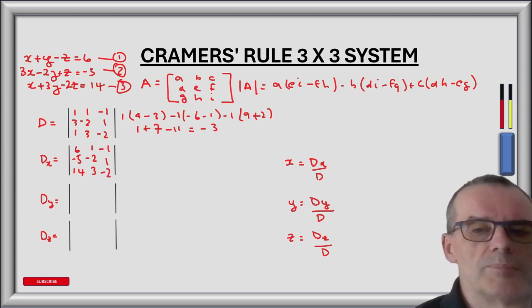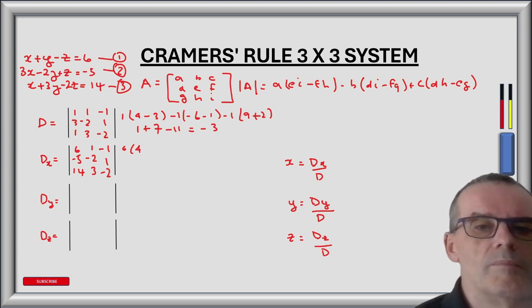So now we multiply it out as we did before. So we have 6 multiplied by, minus 2 times minus 2 is plus 4, and 1 times 3 is 3, so minus 3. Then we have minus 1 multiplied by, minus 5 times minus 2 is plus 10, so that's 10.